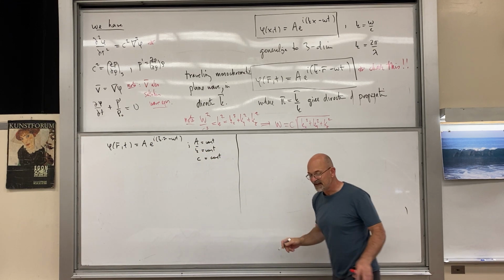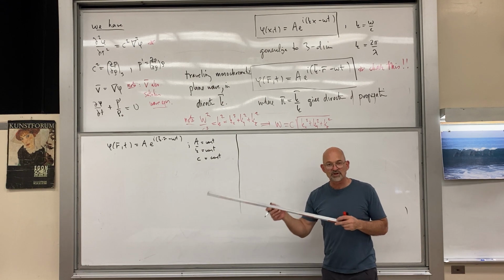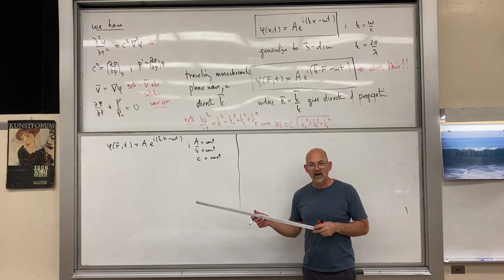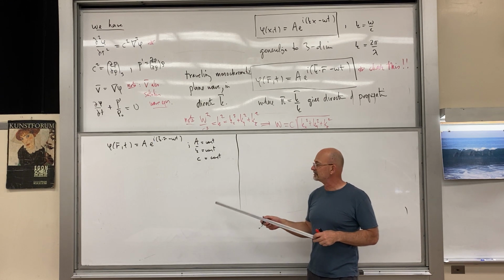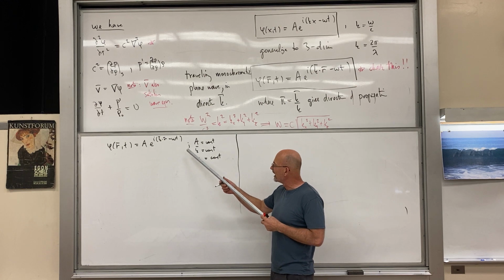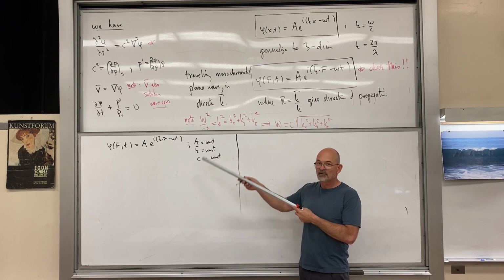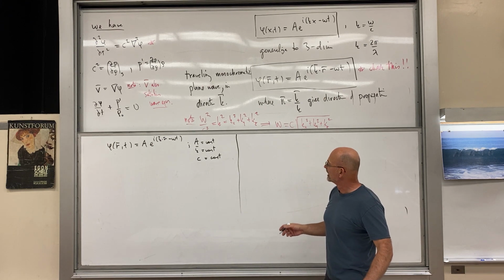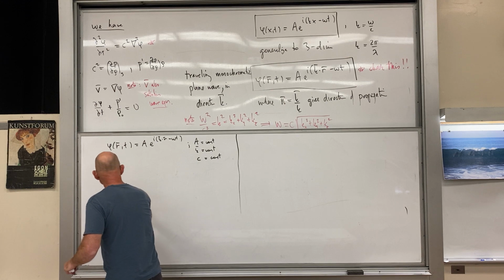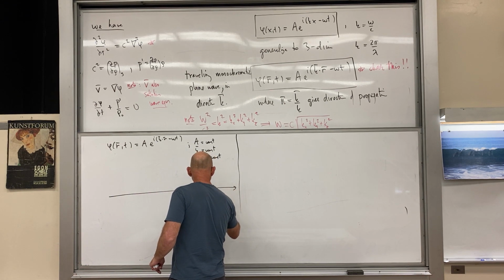But remember, c, the speed of sound, depended on the derivative of the pressure with respect to the density, and pressure and density don't have to be constant throughout the medium. In fact, they're not constant in a sound wave, but those are really tiny fluctuations against the general constant expression.